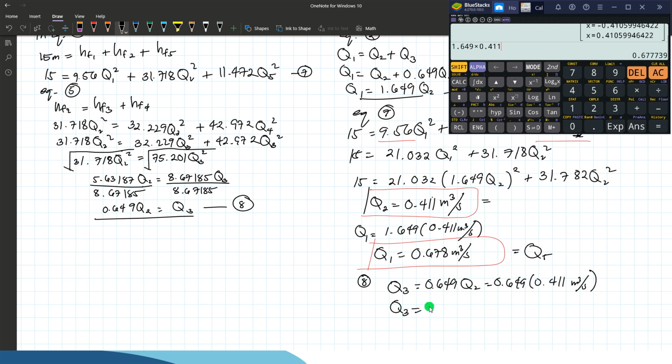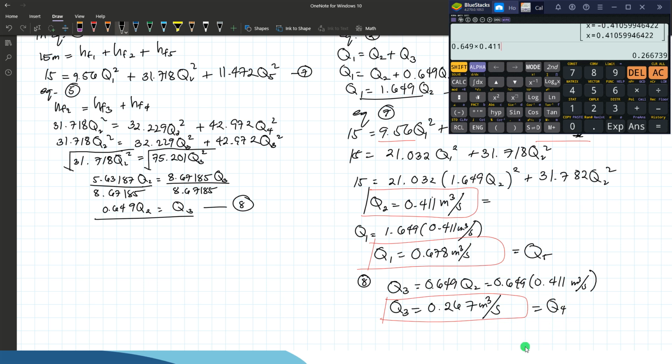Q3 is equals to 0.267 cubic meters per second. This is also equals to discharge at pipe number 4.